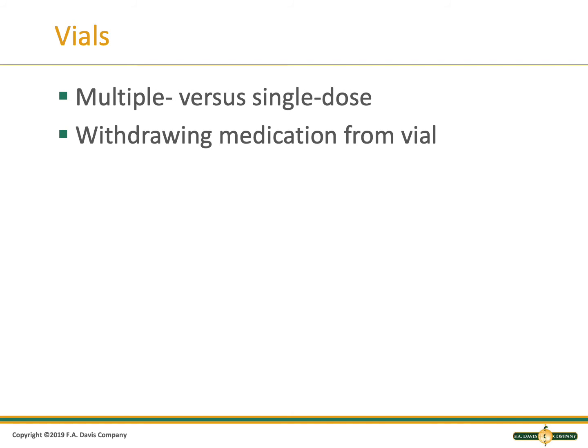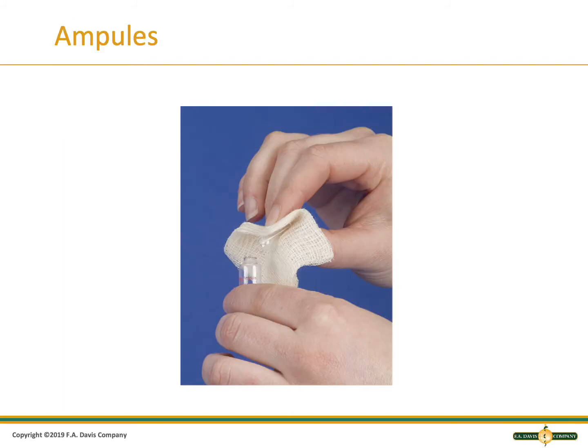We've been able to practice withdrawing medication from a vial in the lab, and that is detailed specifically on page 831 in your textbook, and we'll continue to talk about that in the lab. Again, ampules.